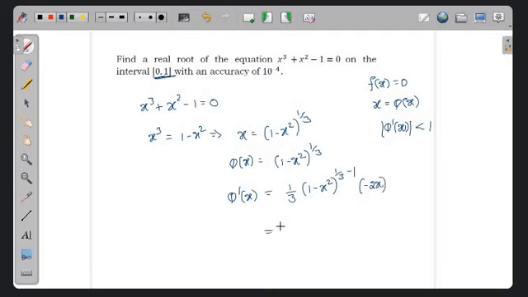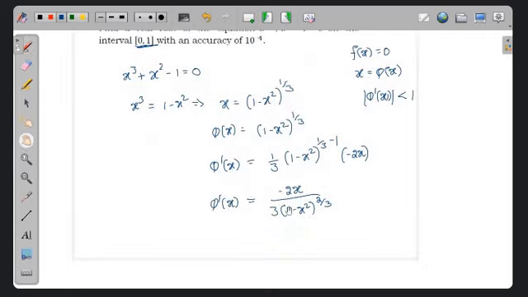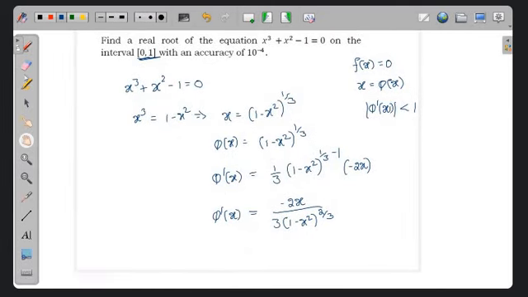Now this one is actually minus 2x by 3 into (1 minus x square) whole power 2 by 3. This is what phi dash of x is. Now the question is, if this phi dash of x value in this interval 0 comma 1 is less than 1, you can go with this function. Otherwise, we don't go. We need to find phi of x in a different way.